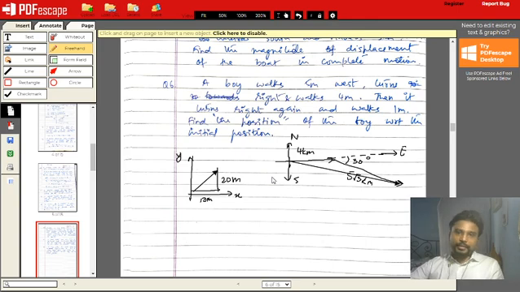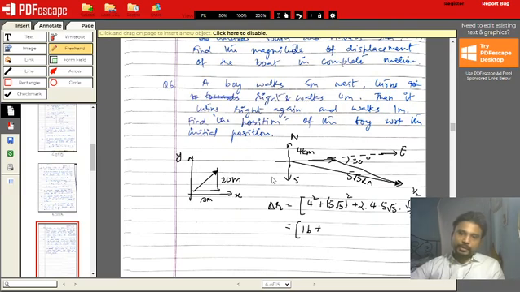So we say that the displacement of the particle delta r is equal to a square plus b square plus 2ab cos 30 degree, that is 4 square plus (5 root 3) square plus 2 into 4 into 5 root 3 into cos 30 degree, root 3 upon 2, all to the power half. 4 square is simply 16, plus 5 square is 25 times 3, that is 75, plus root 3 times root 3 is 3.